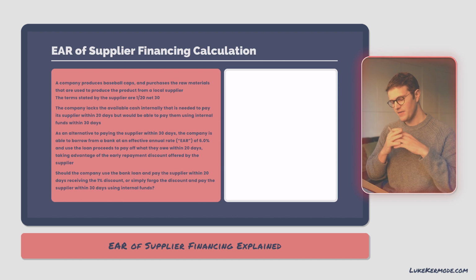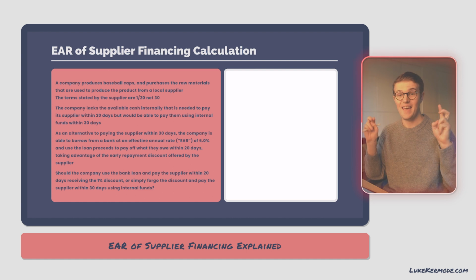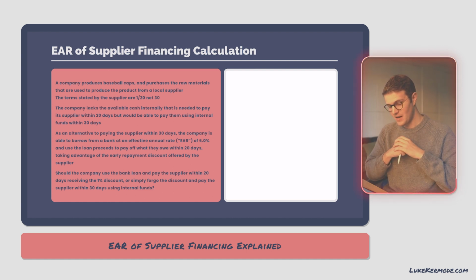As an alternative to paying the supplier within 30 days, the company is able to borrow from a bank at an effective annual rate, or the EAR, of 6% and use the loan proceeds to pay off what they owe within 20 days, taking advantage of the early repayment discount offered by the supplier.